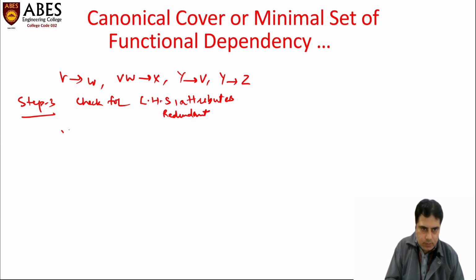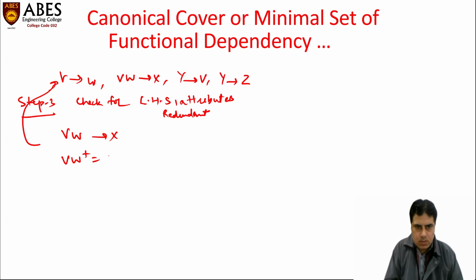So here is VW determine X. Now take the closure set of VW from these functional dependencies. So VW we can determine, from V we can determine W, VW we can determine X, and we cannot determine anything else from these functional dependencies.